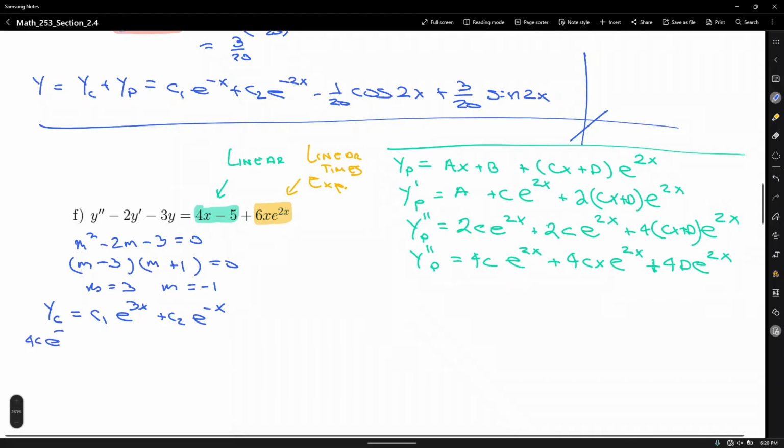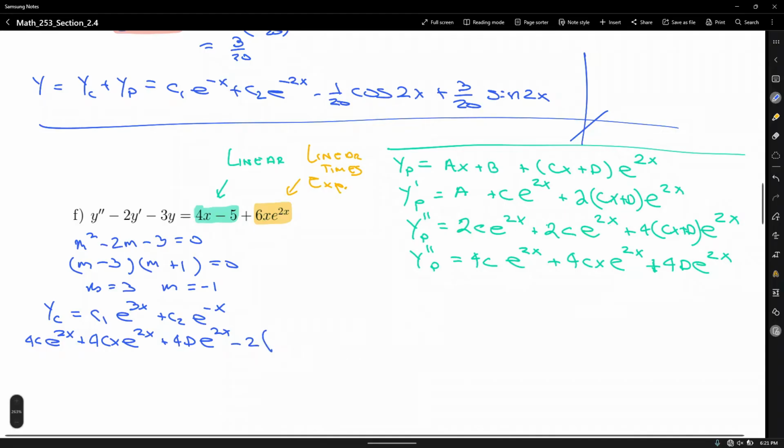4c e to the 2x plus 4cx e to the 2x plus 4d e to the 2x. That's just a substitution for the second derivative, minus 2 times the first derivative.